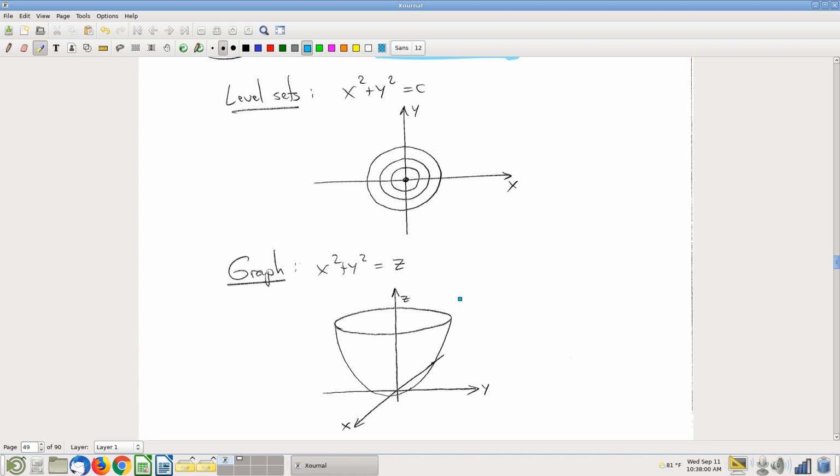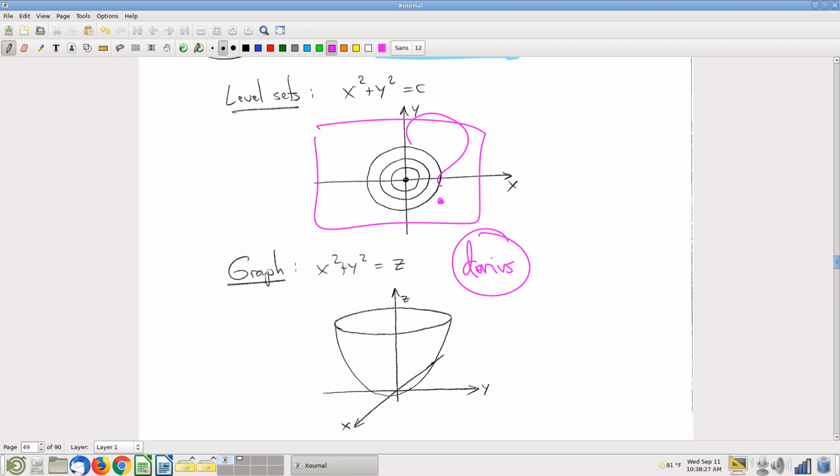Here's another point to keep in mind. Why do we have to be so careful? I mean, if I say level set when I mean graph, who really cares, what's the big deal? We're about to start doing calculus. And no surprise, I hope, calculus has geometric interpretations. So, for example, if I look at certain kinds of derivatives, in the context of level sets, in this picture here, what do those derivatives look like?